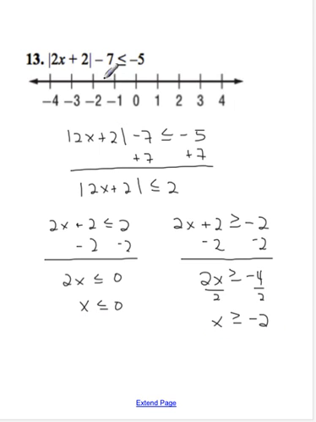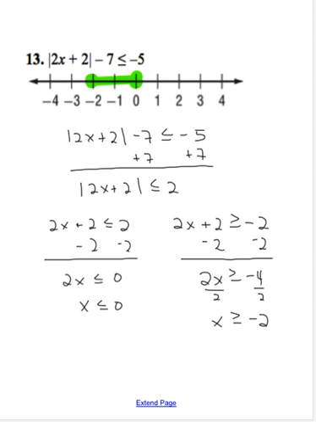Okay, so looking back up here, I expect this to be an intersection, an inclusive range. So here I've got x is smaller than or equal to 0. So I'm just going to do this maybe in highlighter. So smaller than or equal to 0 and larger than or equal to negative 2. And there we go. That's our connection.